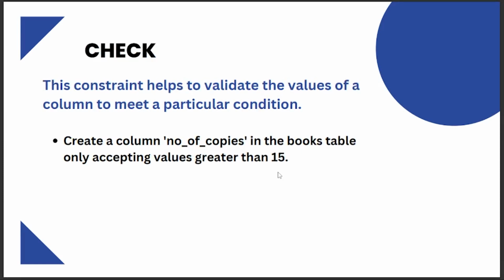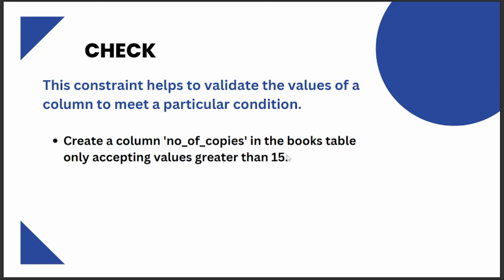The next constraint is the check constraint. This helps to validate the values of a column to meet a particular condition. For example, if you want to apply some condition while entering the value, then you can use the check constraint. Create a column number of copies in the books table, only accepting values greater than 15.